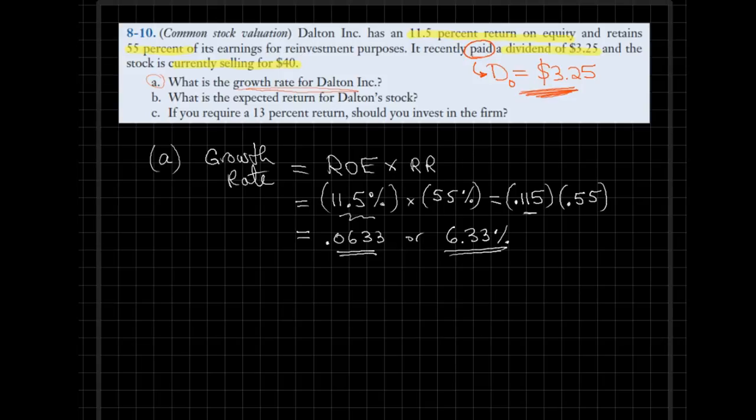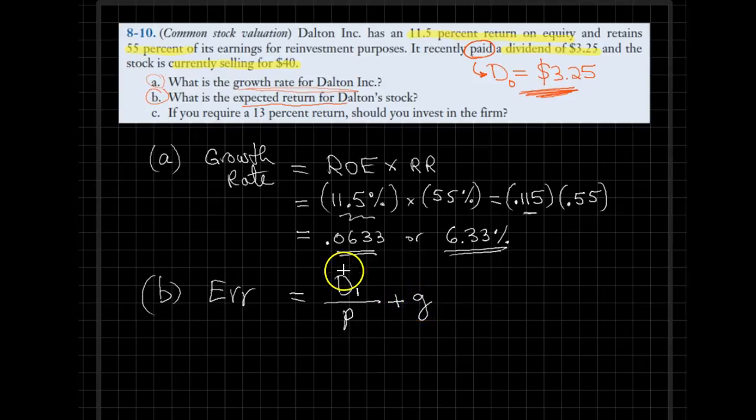Now let's go back to the problem. Part B, the expected rate of return for this security. We would just apply the formula, and recall that the expected rate of return of a common stock is simply equal to next year's dividend divided by the market price, plus the growth rate.